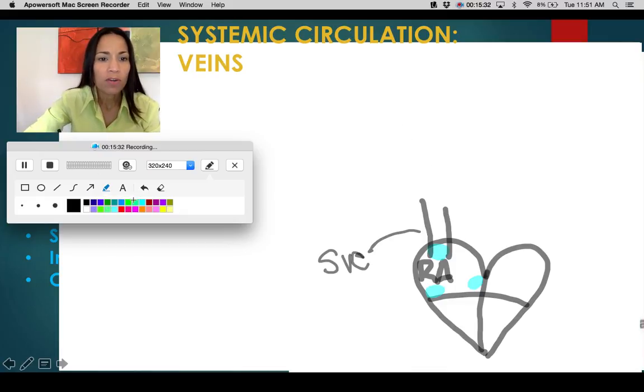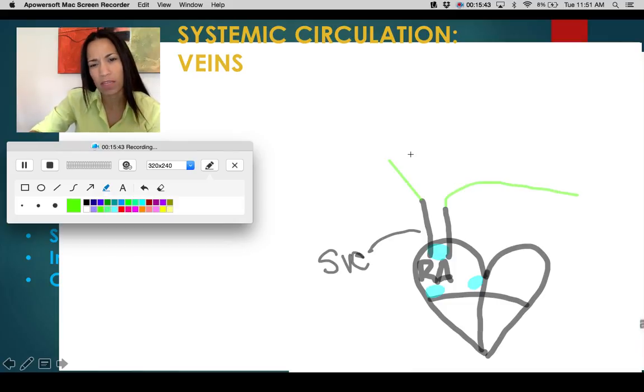Now, how do we form that superior vena cava? Let's use green. The superior vena cava is formed by the junction of 2 veins.